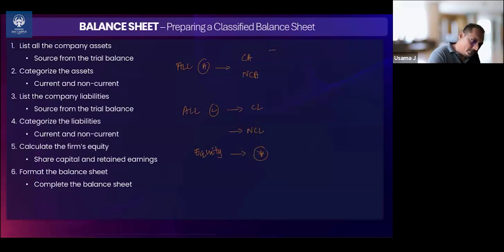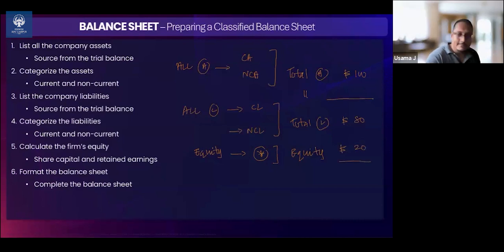Now you've got your total assets. Now you've got your total liabilities. And you've got your equity. And technically, your total assets value should equal your total liabilities plus capital.